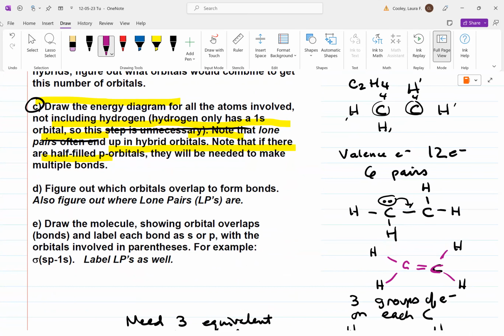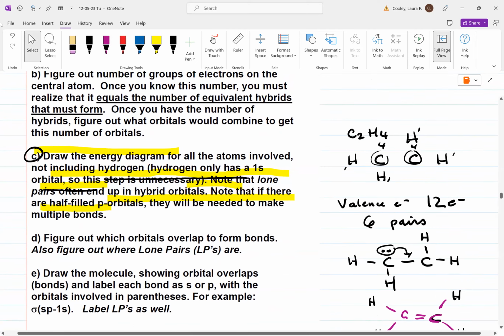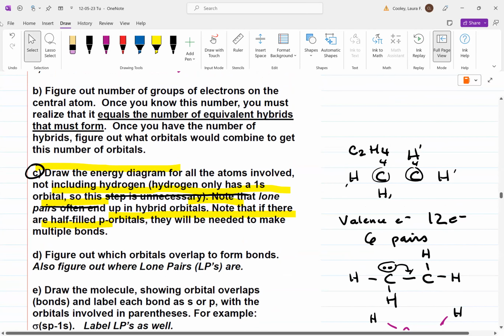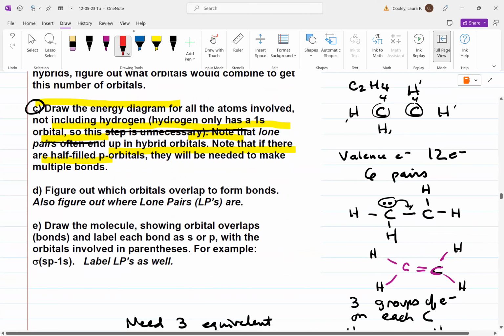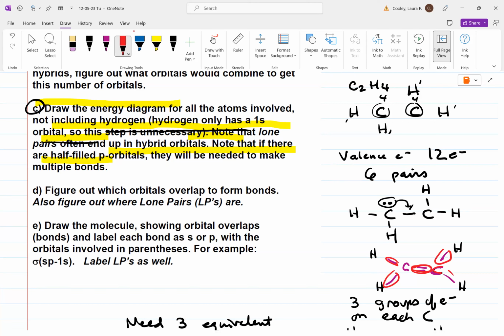And what that tells you, if you look at step B here, it says figure out the number of groups of electrons on the central atom. And you see that there are 3 groups of electrons. Remember that a double bond counts as 1 group, 2 groups, 3 groups. And this second carbon also has 1 group, 2 groups, 3 groups.